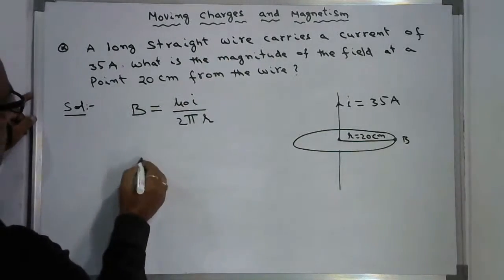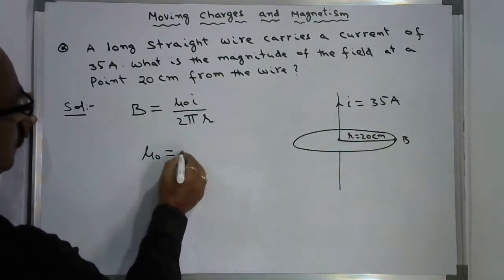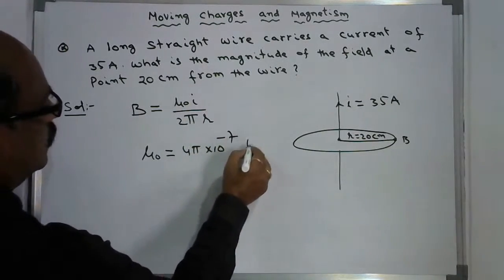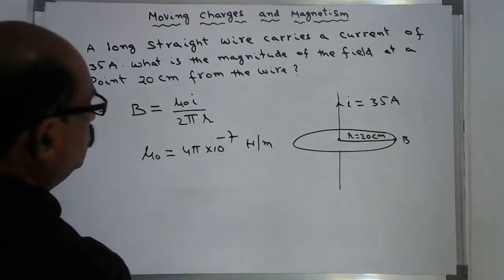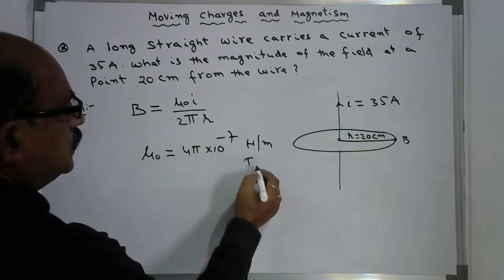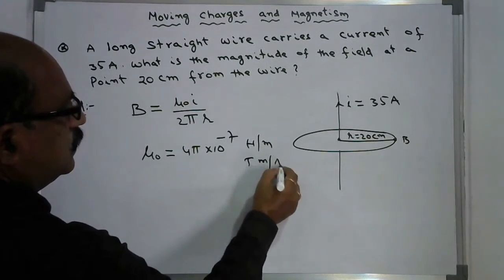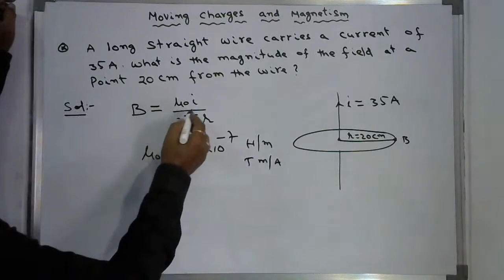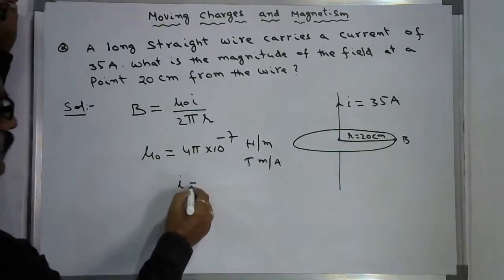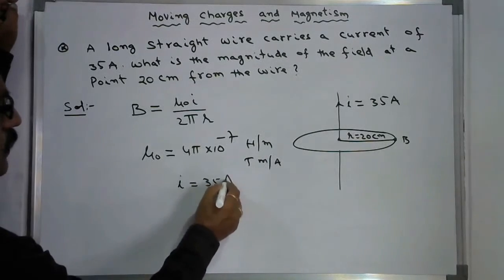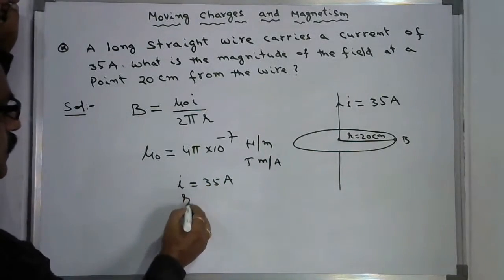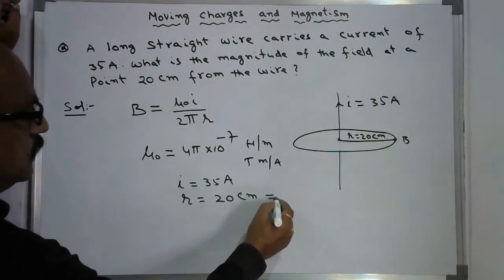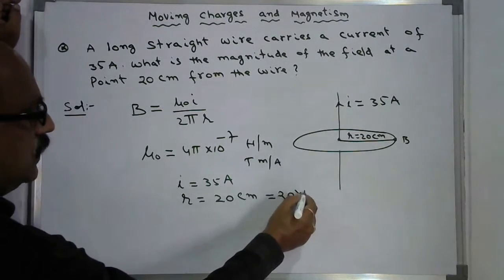Mu naught is equal to 4 pi into 10 power of minus 7 Henry per meter, or Tesla meter per ampere. Now the current I is 35 amperes, and the radius is given as 20 centimeters, but we have to convert this into meters.